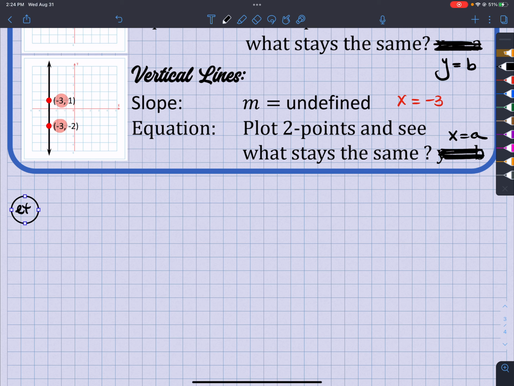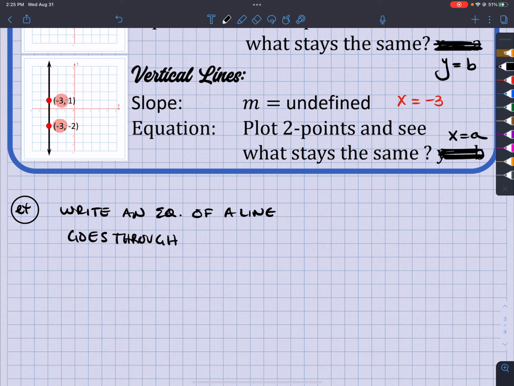Let's say that we want to write an equation of a line that goes through (3, 4) and is perpendicular to x minus 4y equals -1.